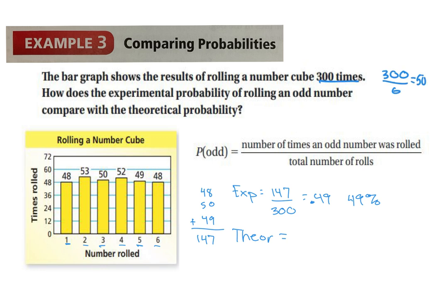So 50 for 1, 50 for 3, and 50 for 5. Theoretically, we should have 150 times where an odd number is rolled, divided by a total of 300. That's going to be 0.5, or 50%. So how does the experimental probability of rolling an odd number compare with the theoretical? The experimental probability ended up being just 1% less.